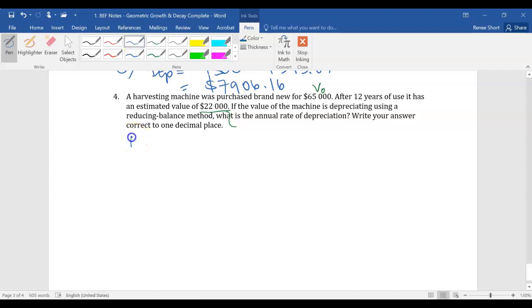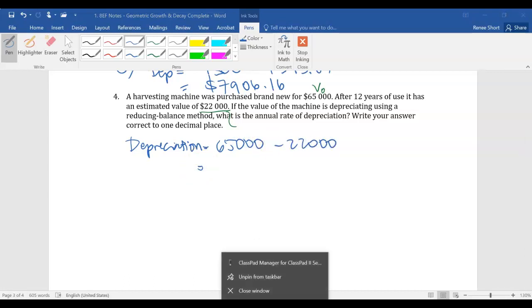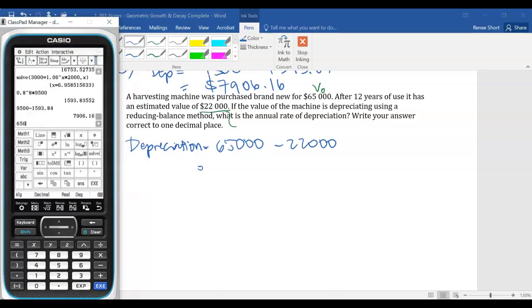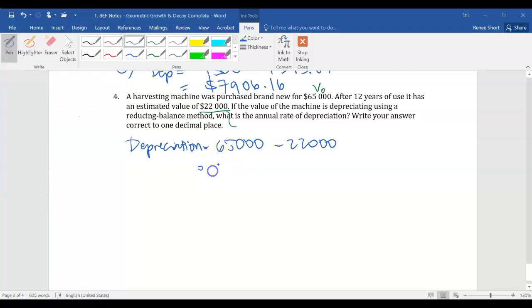So first of all, I need to work out, well, how much has it depreciated by? What was the total value of depreciation? So 65,000 minus 22,000, which is $43,000 that it has depreciated by.